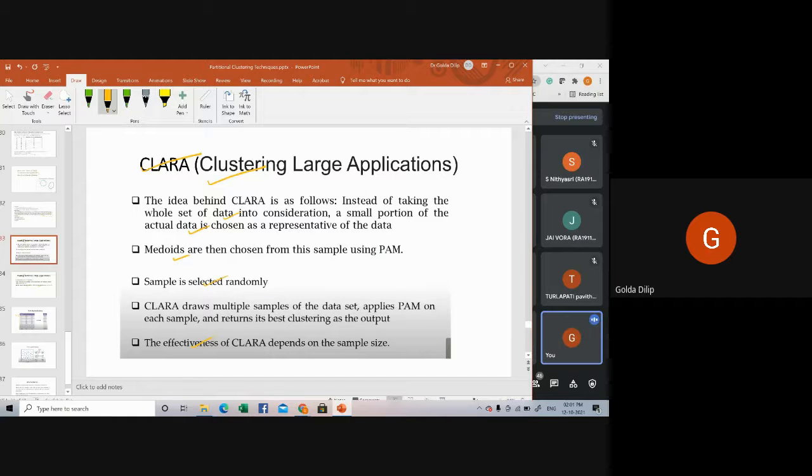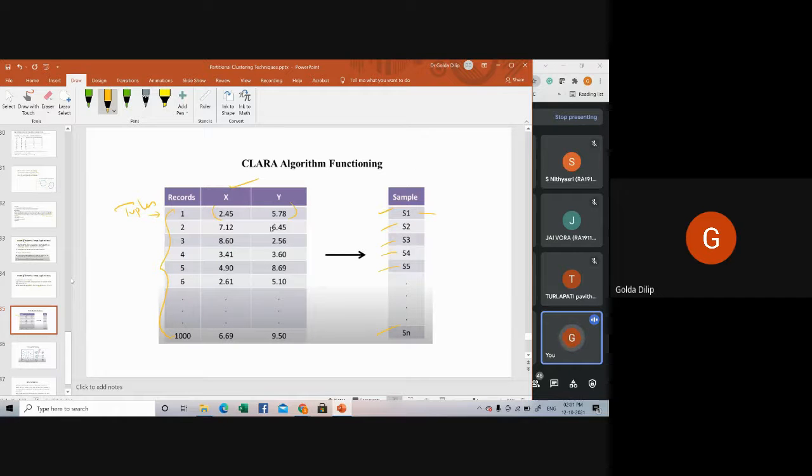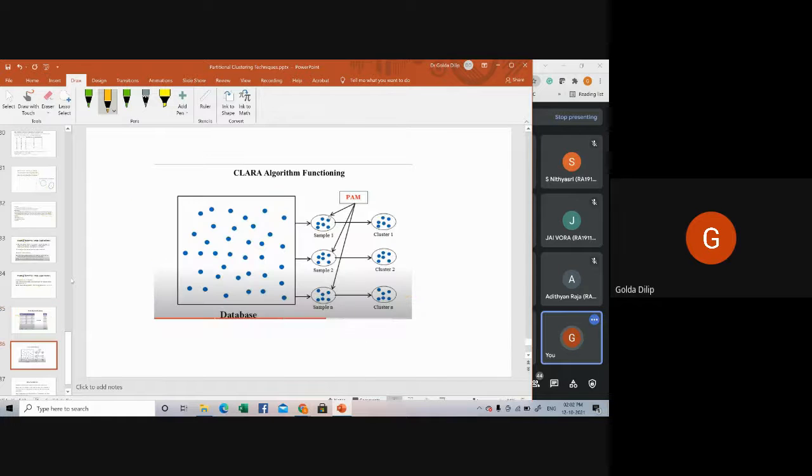Medoids are then chosen. CLARA draws multiple samples of the data set, applies PAM on each sample, and returns its best clustering as the output. These are the various samples which are drawn, and then it applies PAM on each of these samples: sample 1, sample 2, sample 3.